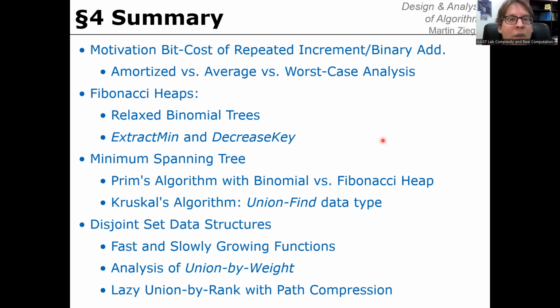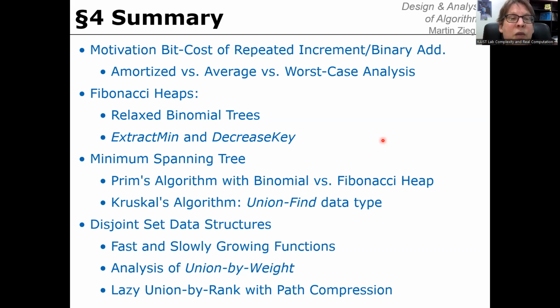Then we talked about Fibonacci heaps, a kind of generalization of binomial heap as a means of realizing a priority queue, Fibonacci heaps being a collection of relaxed binomial trees, whereas binomial heaps are a collection of strict binomial trees. Every order can occur at most once.